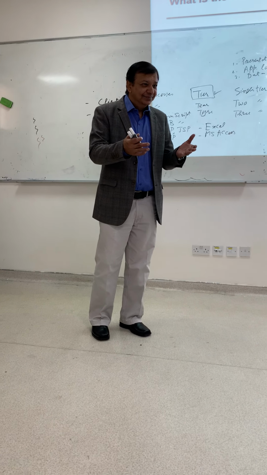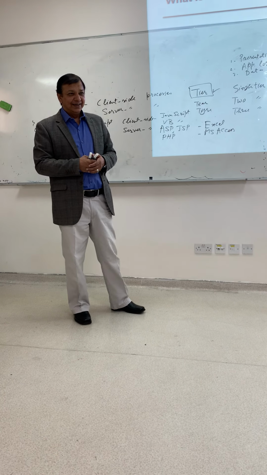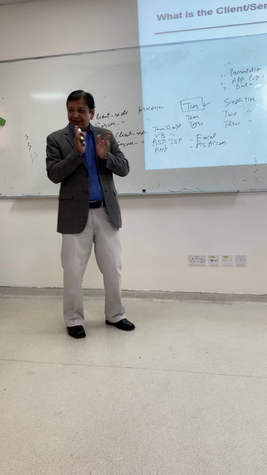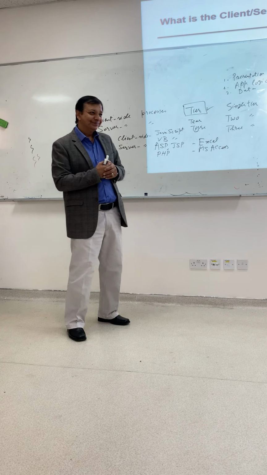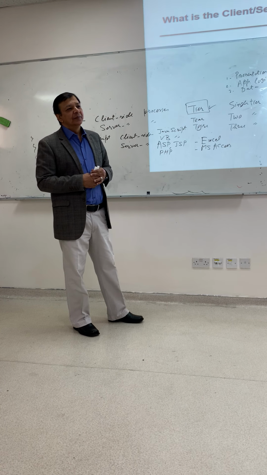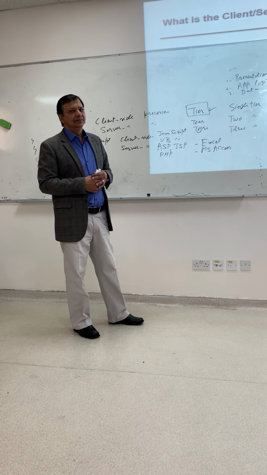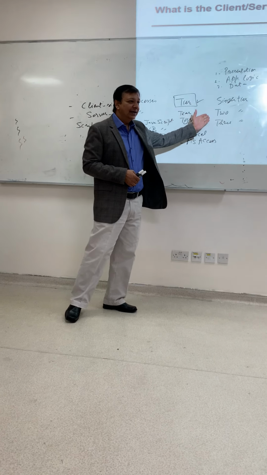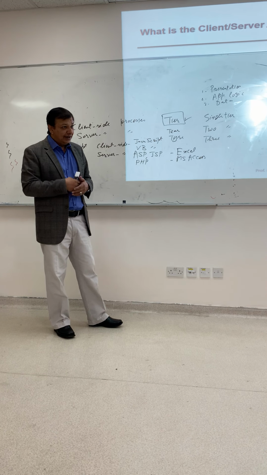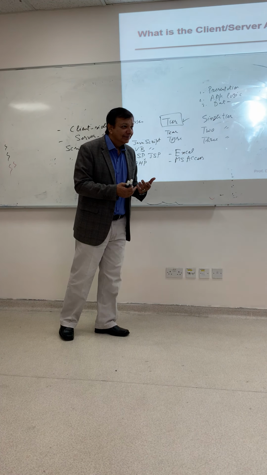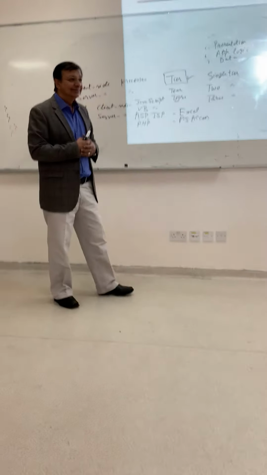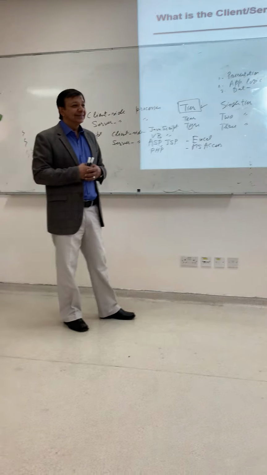How do you divide them in two tier? Two tier means 2 layers, as the name indicates. How do we change the single tier to 2-tier? I'm asking this question.